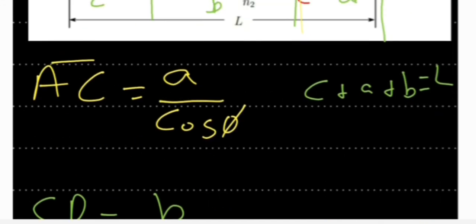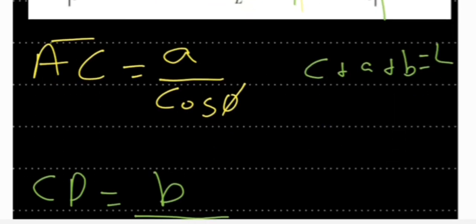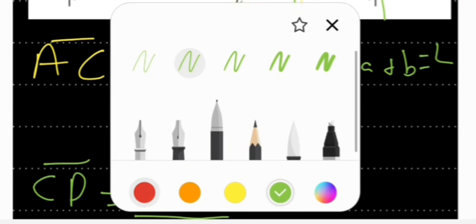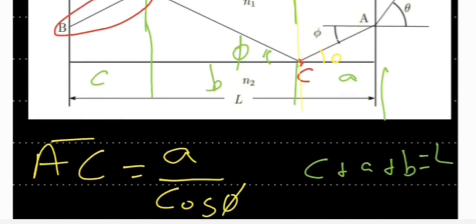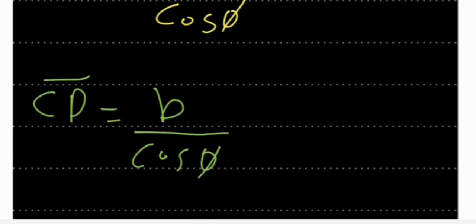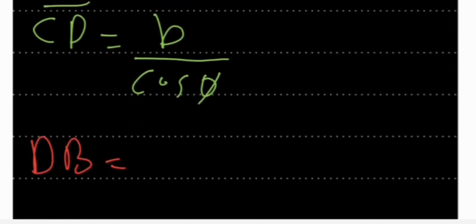So b divided by cosine of phi. What about the next one? Well, the next one is DB, right? So DB is actually equal to this c over here divided by cosine of phi.